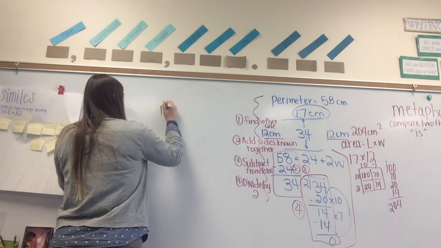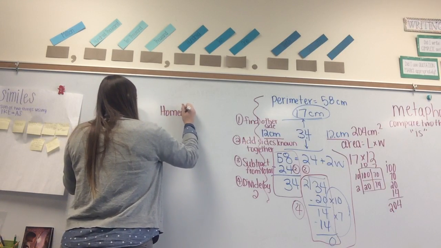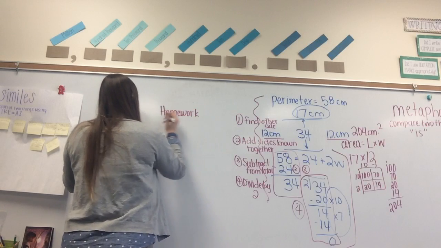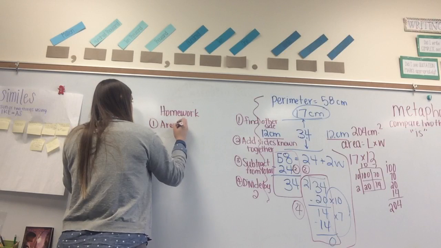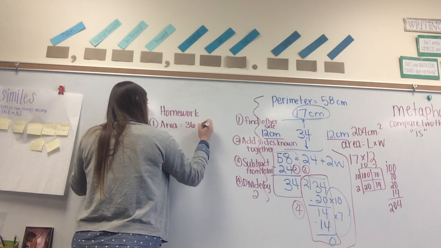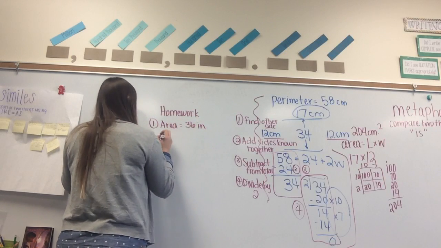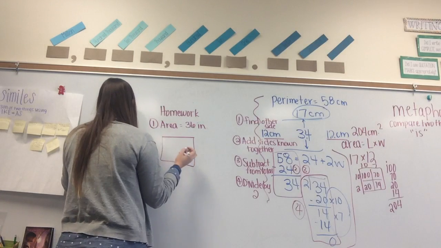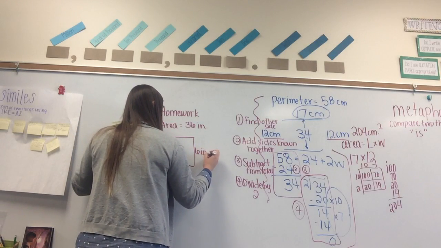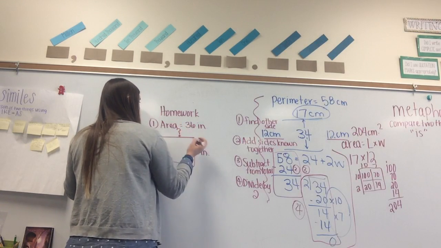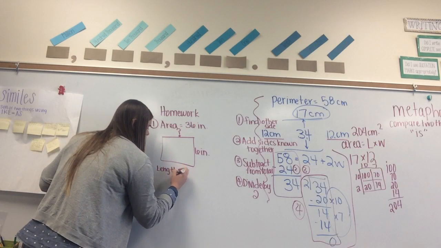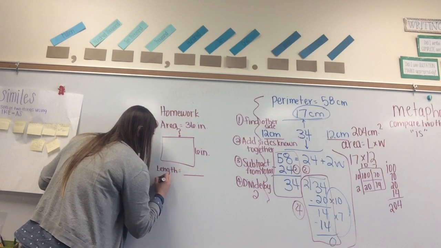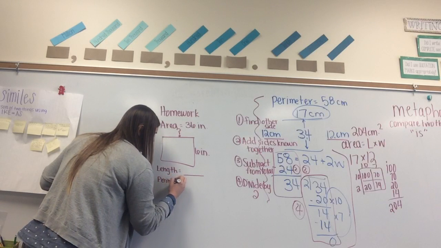So for homework, number 1, if the area of a figure is 36 inches and you have this, and this is 6 inches, what is the missing length? And then what is the perimeter, just like we looked at in class today.